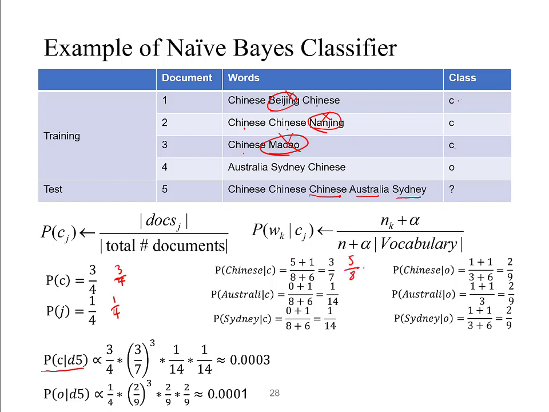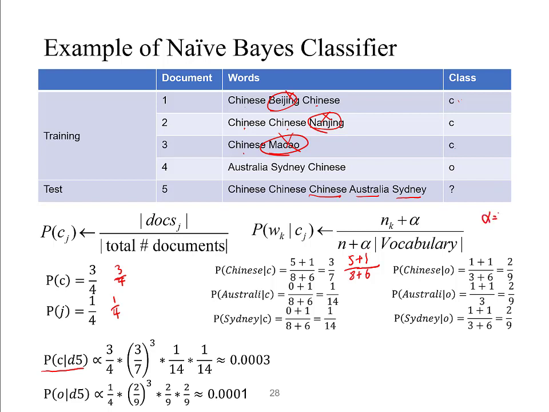But because of add-1 smoothing, we add 1 to the fraction, and we add 6 to the denominator. This 6 is the size of the vocabulary. For the vocabulary, we have Chinese, Beijing, Nanjing, Macau, that's 4, Australia and Sydney. So in total 6 distinct words, and the size of the vocabulary would be 6.